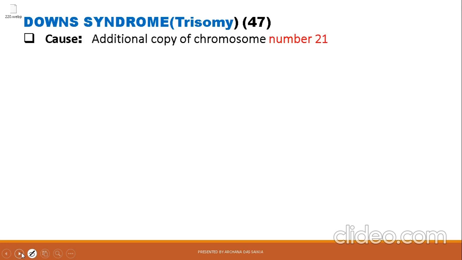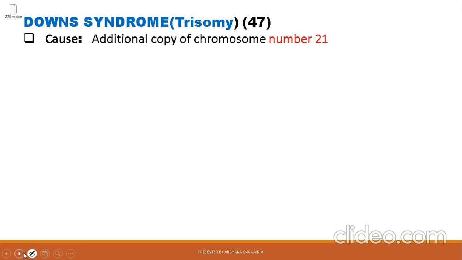That means during gamete formation, maybe in the mother or maybe in the father, chromosome number 21 did not segregate, did not separate. So it entered into one of the gametes. So one of the gametes, instead of carrying 23 chromosomes, carried 24.